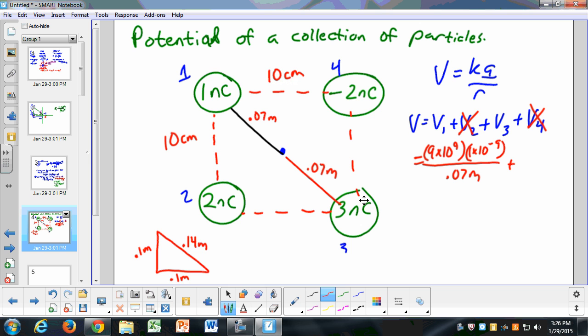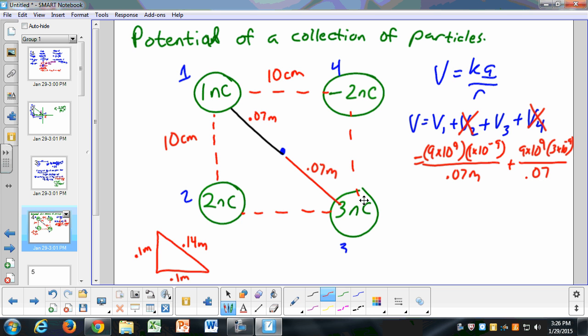And then V3 is going to be 9 times 10 to the 9th, 3 times 10 to the minus 9, divided by 0.07. Right? I could factor out that 9e9 divided by 0.07. Makes your calculations a little bit easier. I divide that out, and then I just add 1 plus 3 times 10 to the 9th, which is 4.